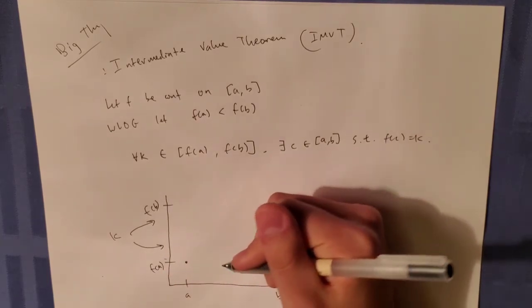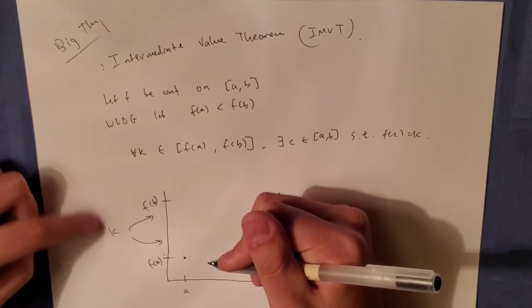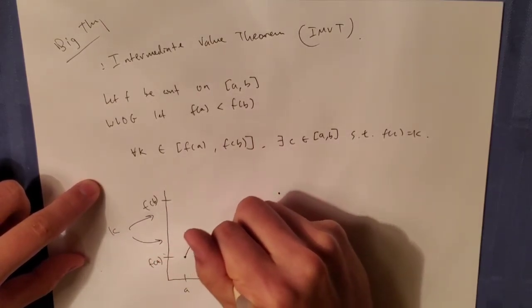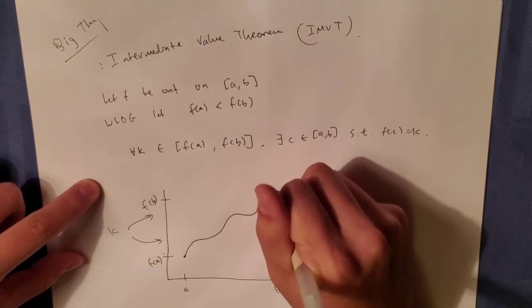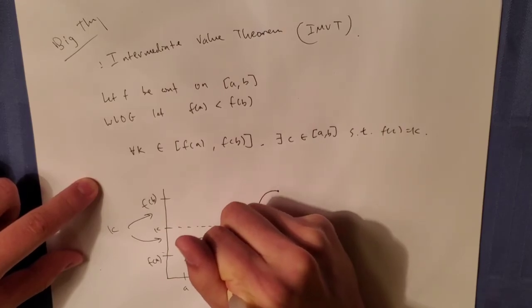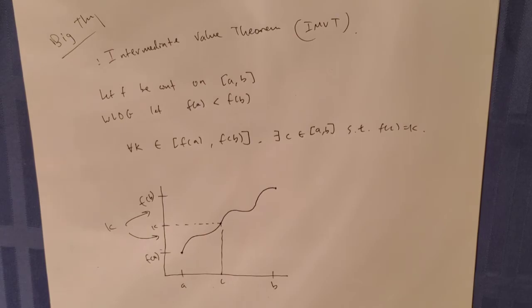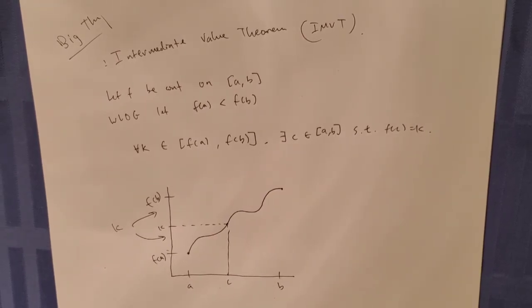And basically the argument is by continuity, for every value of k in the y, there must be a value of c in the x, such that f of c equals k. We won't be proving this. This requires a lot of hard stuff to prove, sadly, and I'm not good enough to do that. So that's it for continuity. We'll be back with limits and infinity.